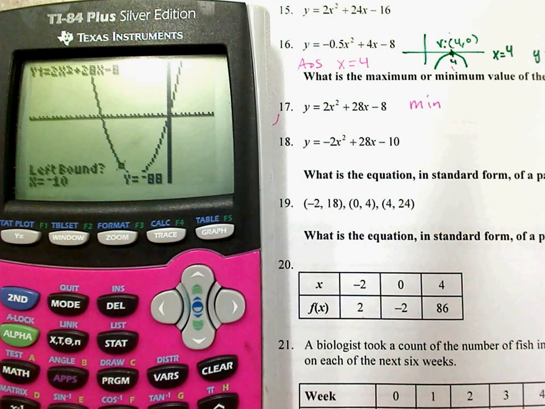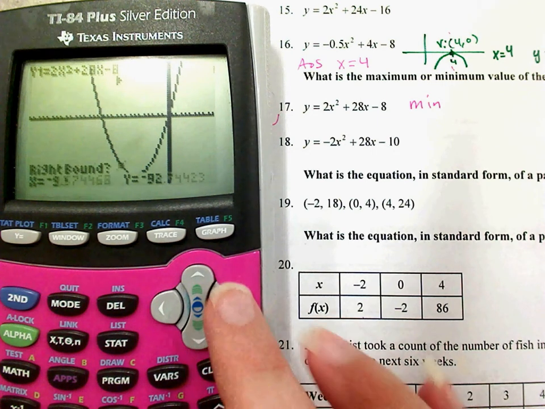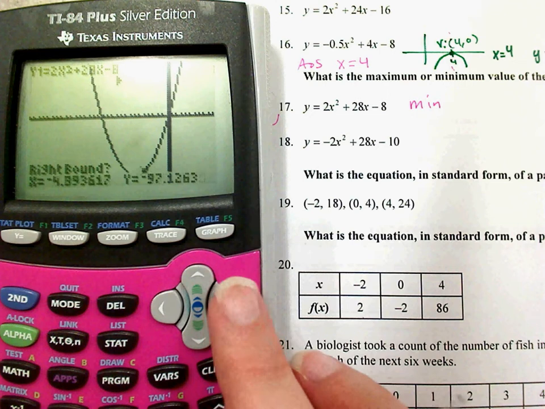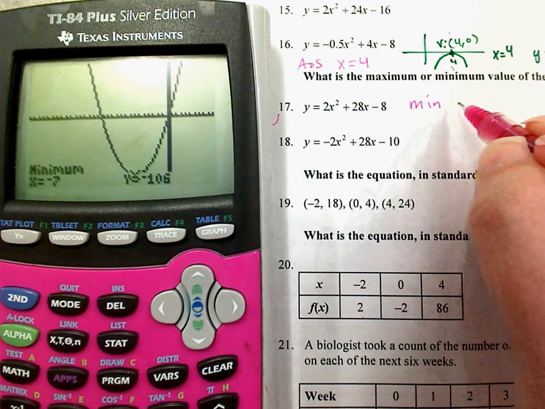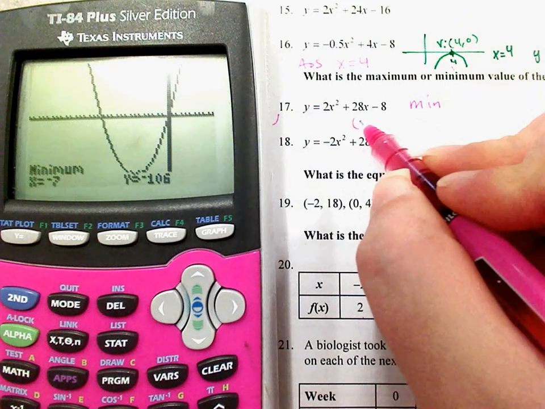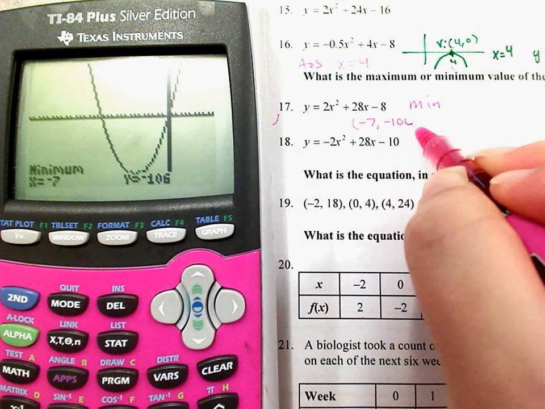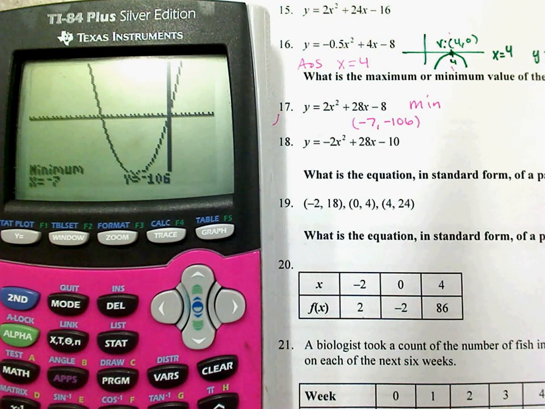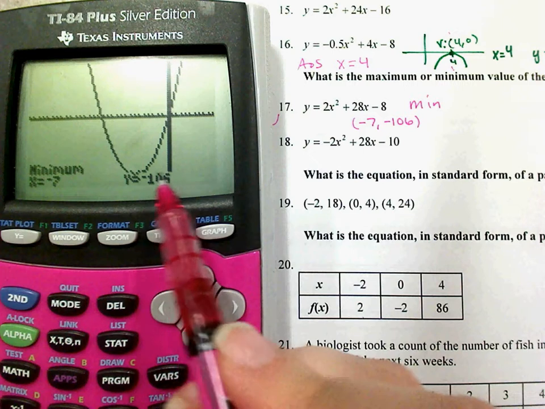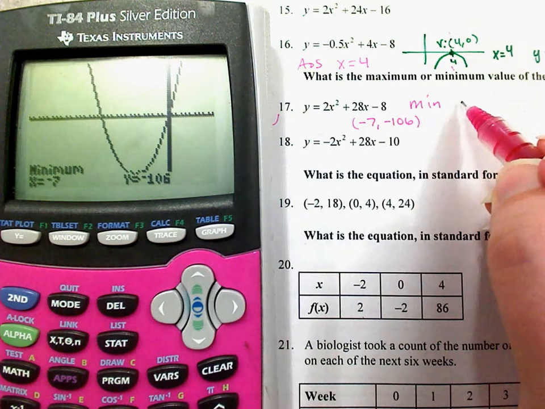So press enter. Now I go to the right of it. Press enter. And I don't want to guess, so it says that my minimum is at the point negative 7, negative 106. So what is the lowest this function goes? Negative 7 or negative 106? Negative 106 is the lowest this function goes. So the minimum value is negative 106.